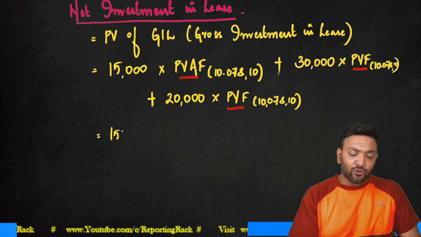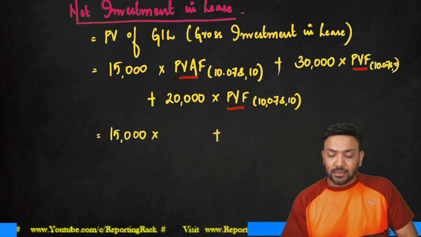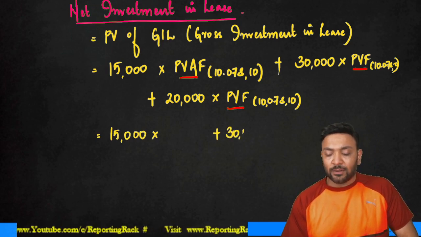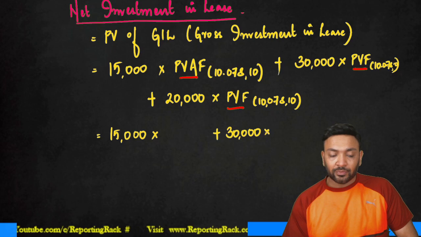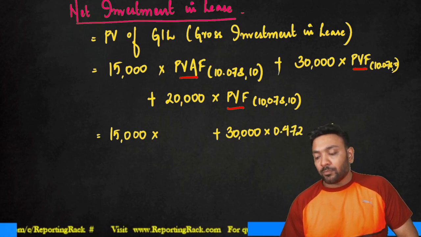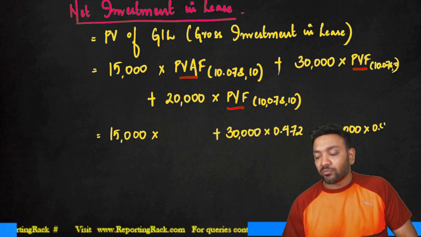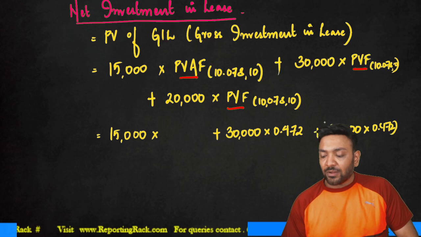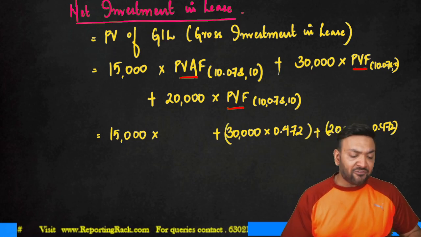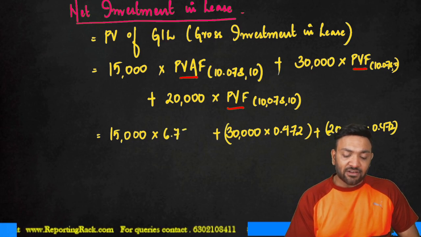I'll get the PVF, no problem. 15,000 into, I'll leave this space. First, I know what the PVF is, so let me write down the PVF: 0.472 plus 20,000 into 0.472. If I press GT, I will get the PVAF, which is 6.771.